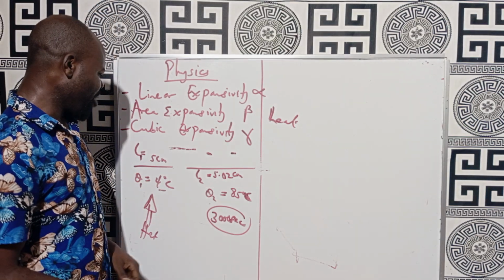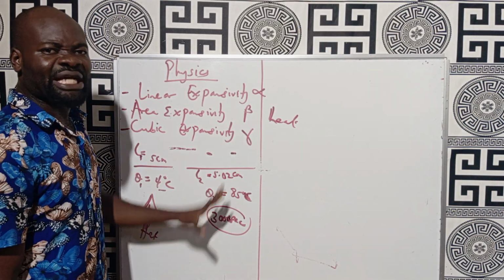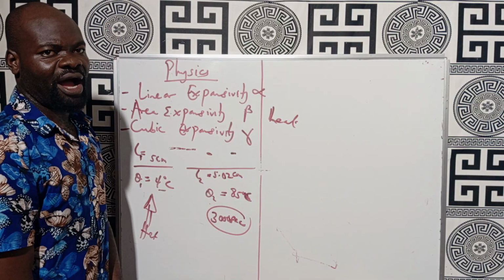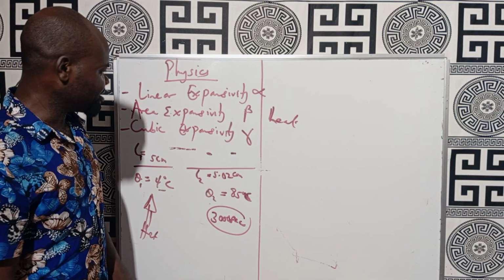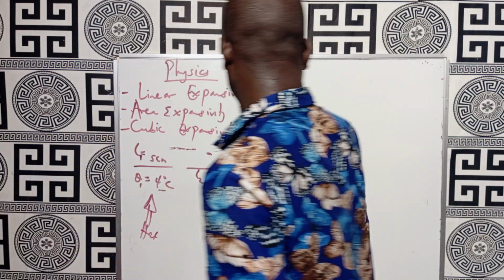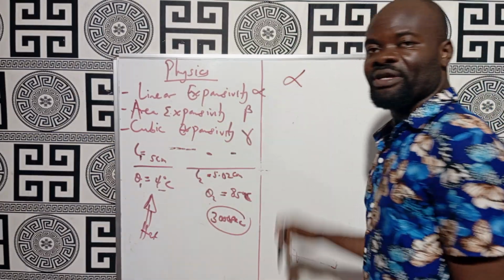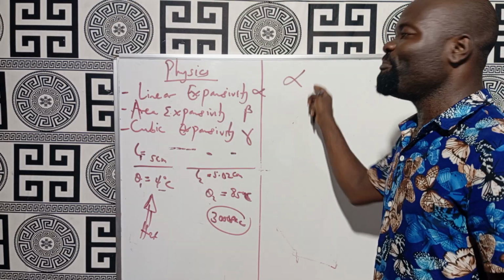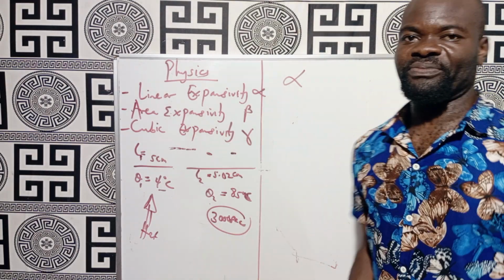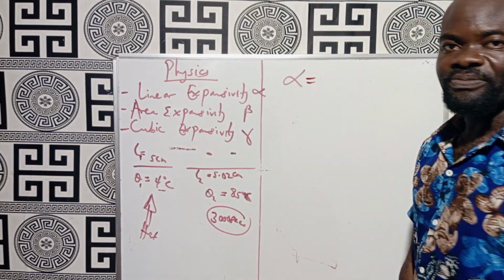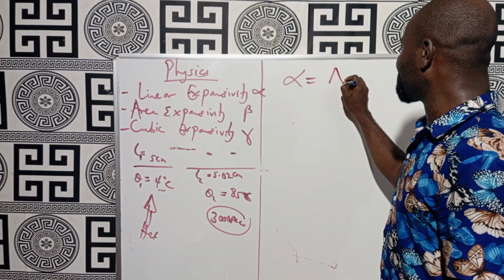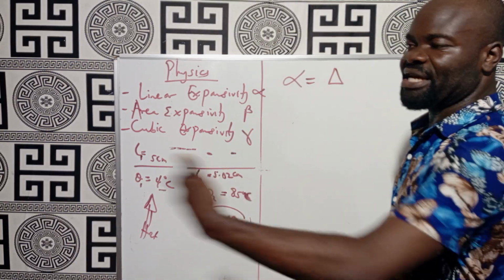Okay? Now, having known that, let's look at the formula for linear expansivity. The symbol is alpha. I will give you the formula based on the definition. It is defined as the increase, that's change. Anything change means it has increased.